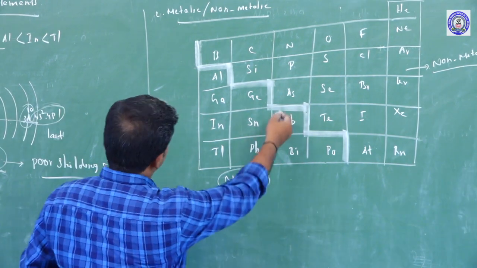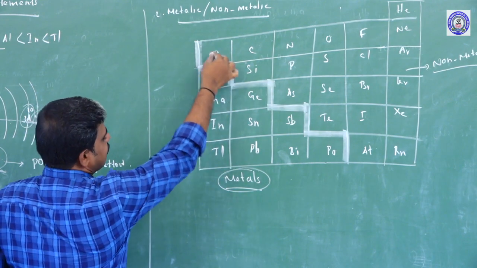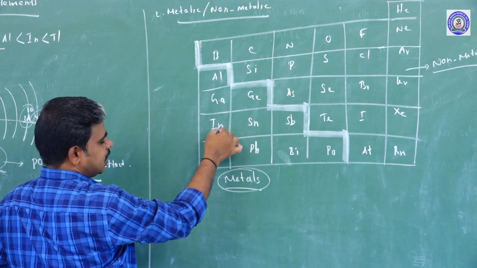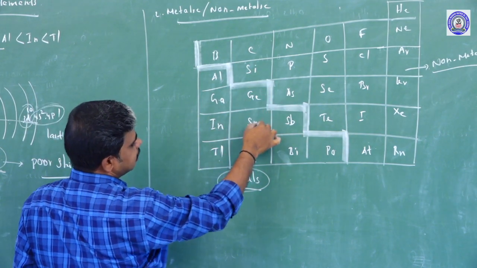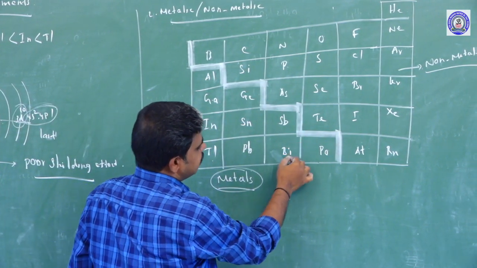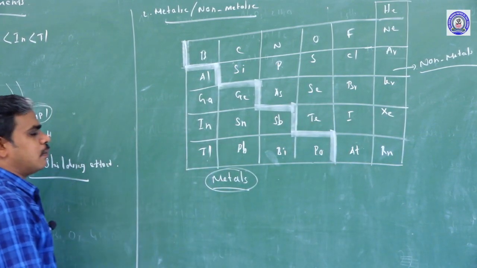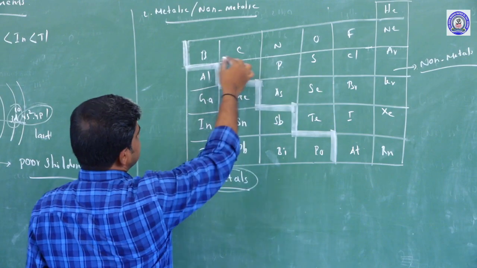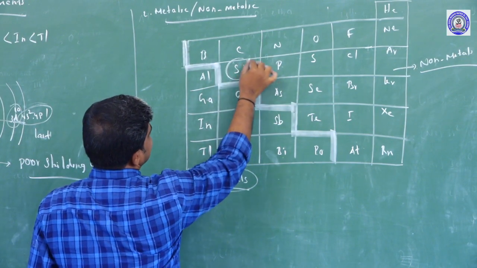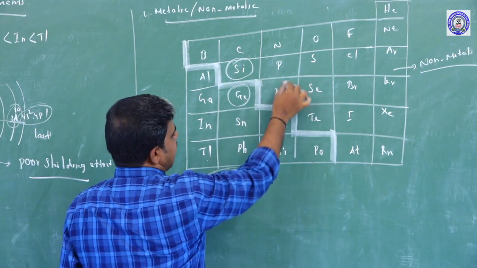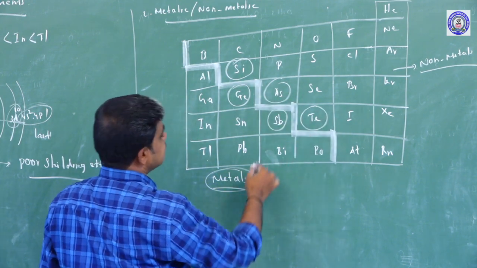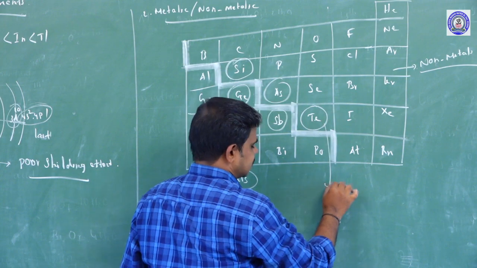Below the steps, the metals are aluminum, gallium, indium, thallium, and germanium, tin, lead, antimony and bismuth and polonium. Now we take silicon, germanium, arsenic, antimony and tellurium. These are all metalloids.